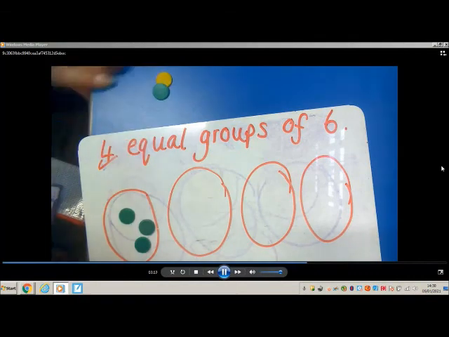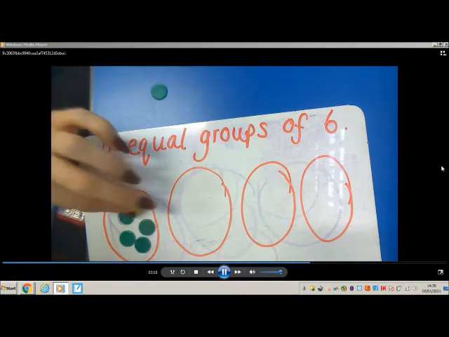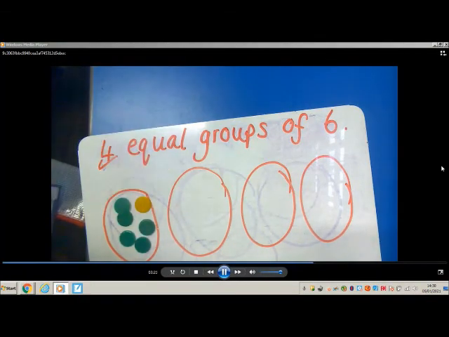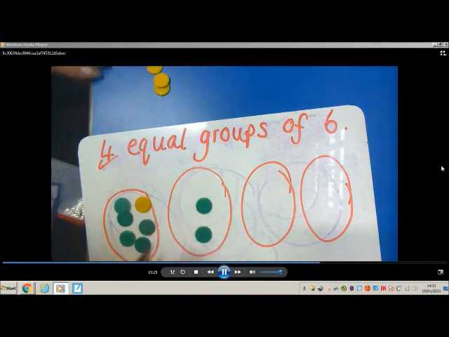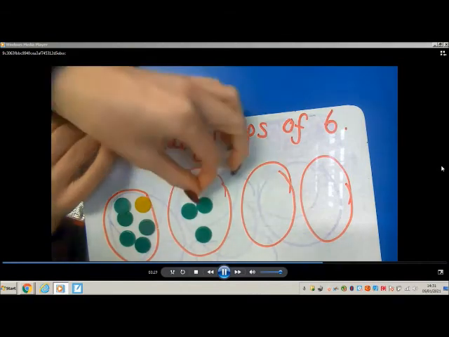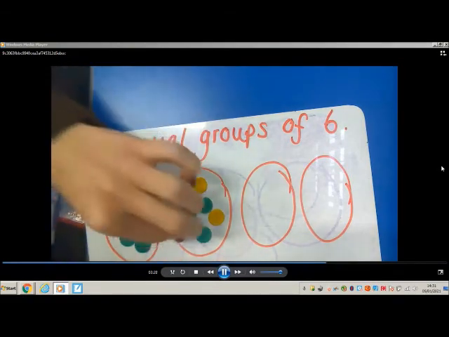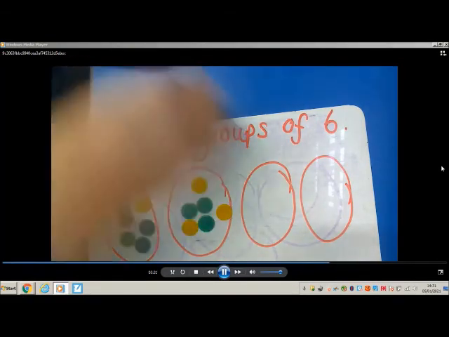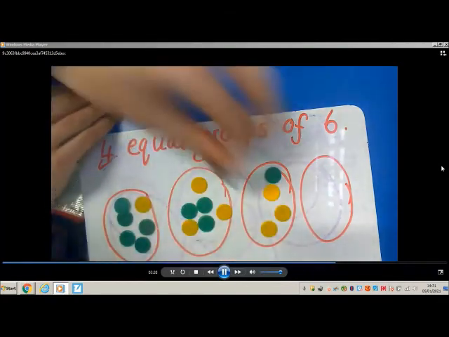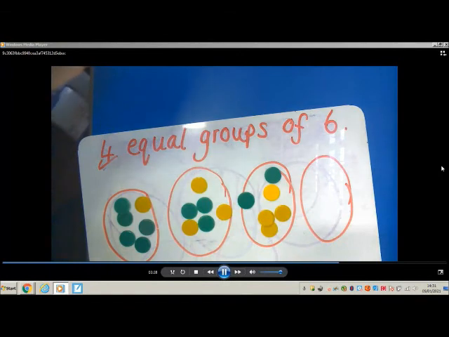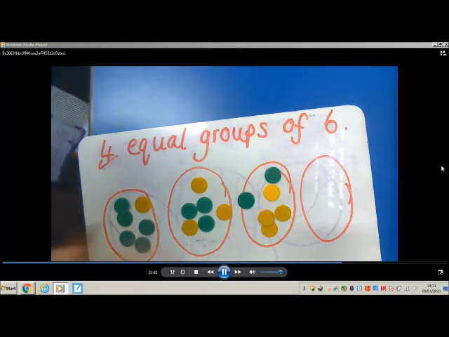Can you help count with me? So I've got my first one full of 6. Let's go all together. 1, 2, 3, 4, 5, 6. 1, 2, 3, 4, 5, 6. Great. Am I done? I've made some equal groups.